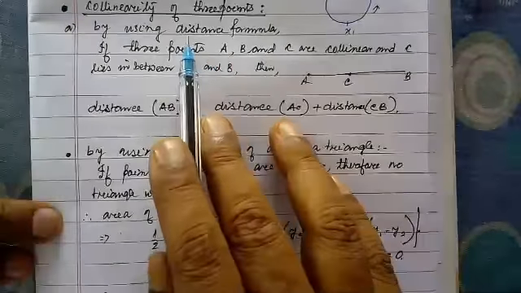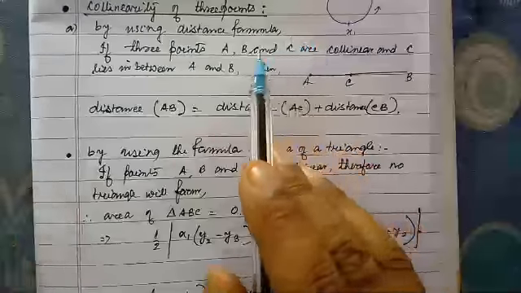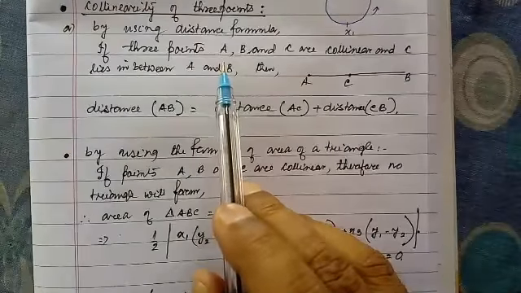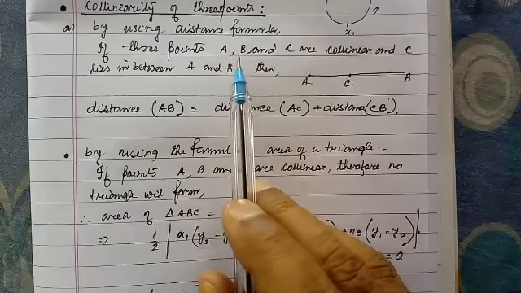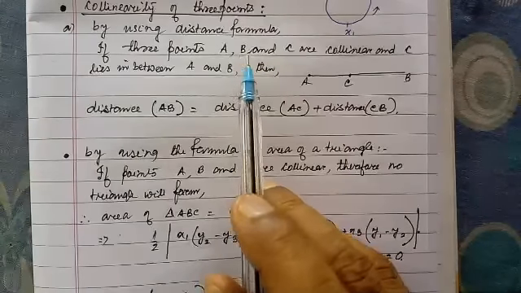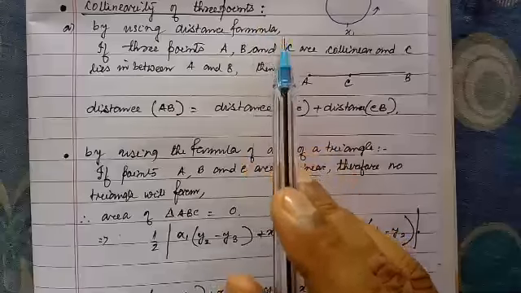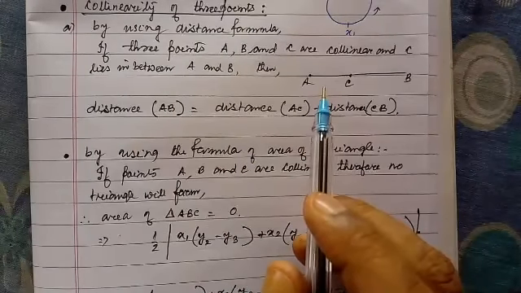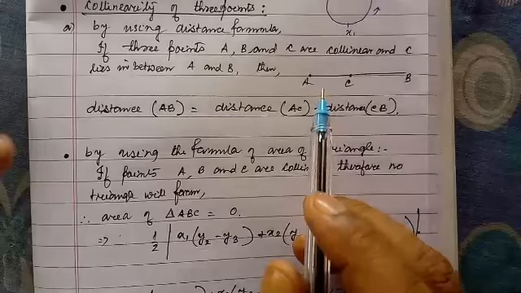Now, collinearity of 3 points. Collinearity of 3 points can be proved by the use of the distance formula and the area formula. First, by using the distance formula.